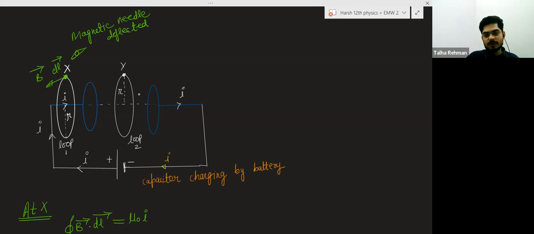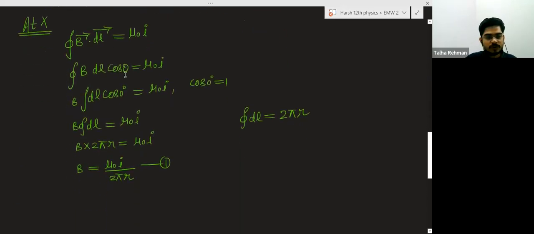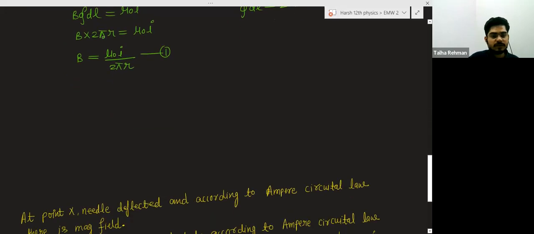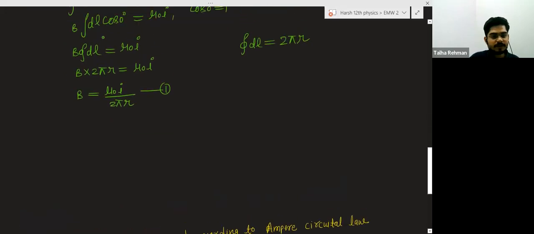Now when you apply Ampere's circuital law at this point Y, the same thing you will do. Ampere's circuital law says that at Y, the line integral of the magnetic field B dot dl is equal to mu naught times the current enclosed by the loop.